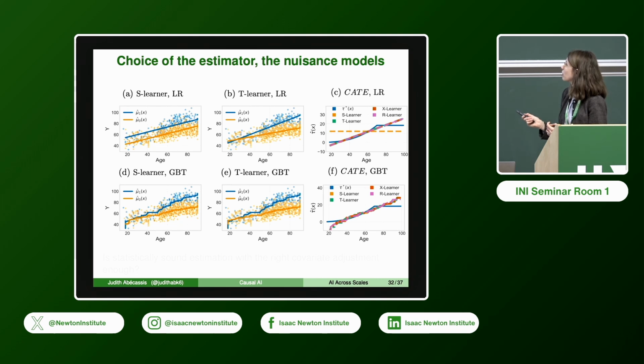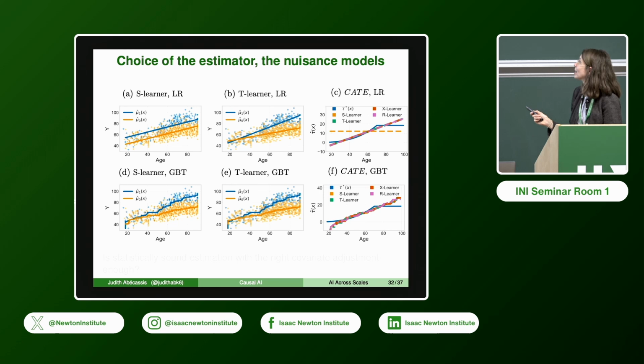We have put the X learner and the R learner. So the R learner that I presented and the X learner that is also another combination of reweighting, and so it's really exactly the same ideas. And we see that depending on which underlying model, we end up with biased or not biased estimations of our true causal effect, which is the blue line.